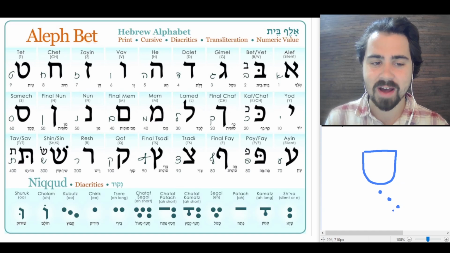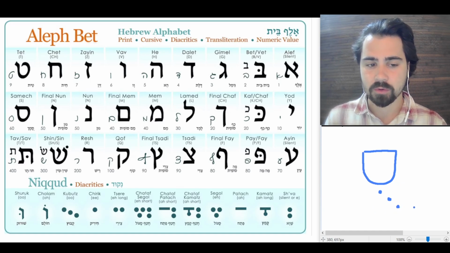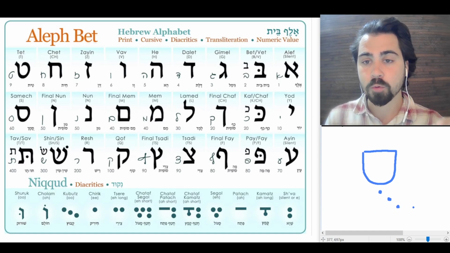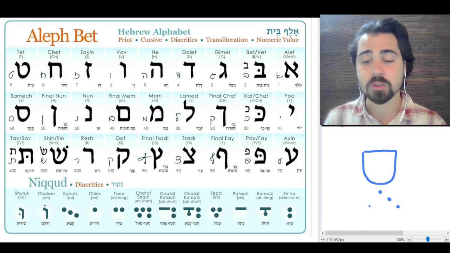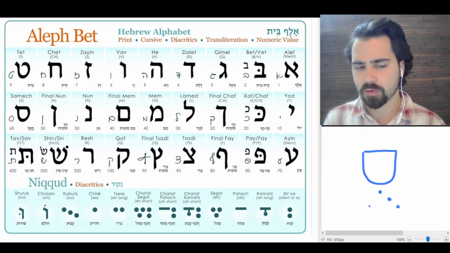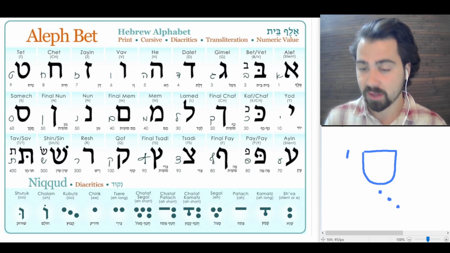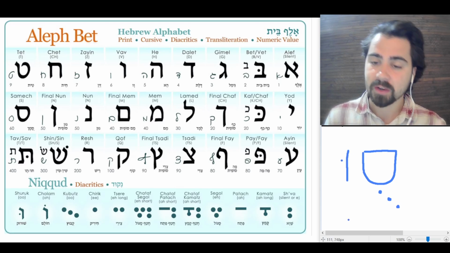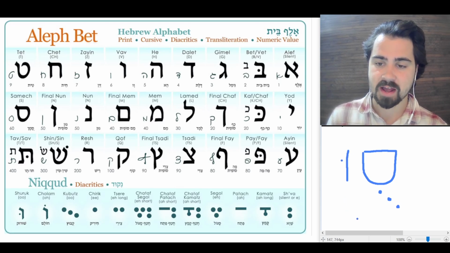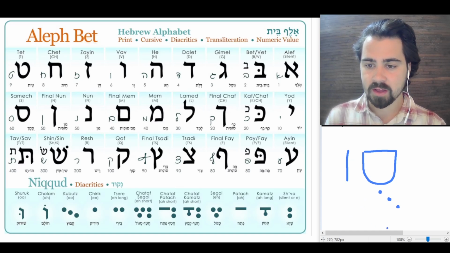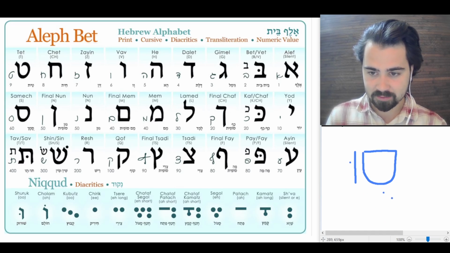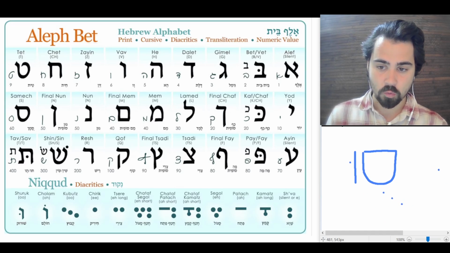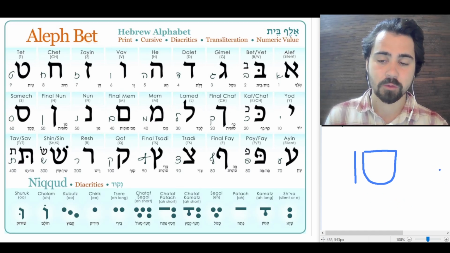Because this is a new vowel, a new nikud that I would like to introduce. This is the kubutz. And like the ku, the sound is u. But Andre, don't we have already a sound u? Well, yes, we do. We have the vav with the dot on the left also making the sound u. So this is su, and this is su, and this is su. So this is another thing to remember.